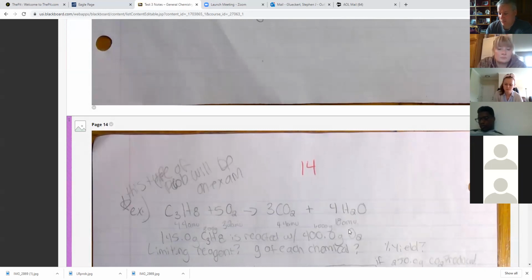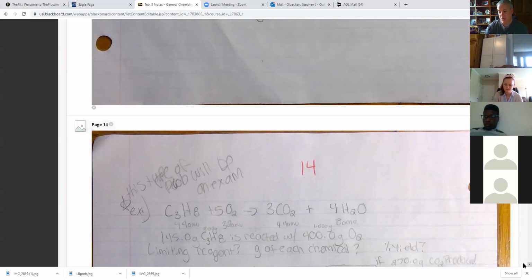Then do the same thing for the given amount of the other starting material. From 400 grams of O2, how much product can I get? You have two products to pick here. Doesn't matter which one you pick, but you do need to pick the same one both times.